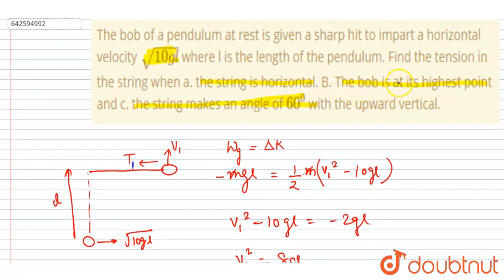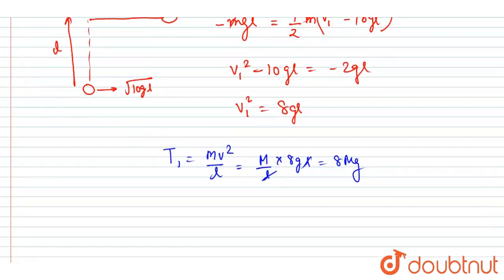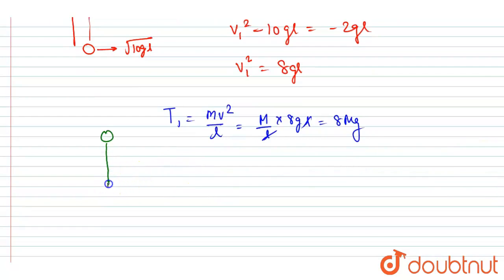And when the bob is at the highest point, then what is the tension, right? So let's see. At the lowest position it was having a velocity this much. Again you can apply the work energy theorem, but this time it goes up by a height of 2L.